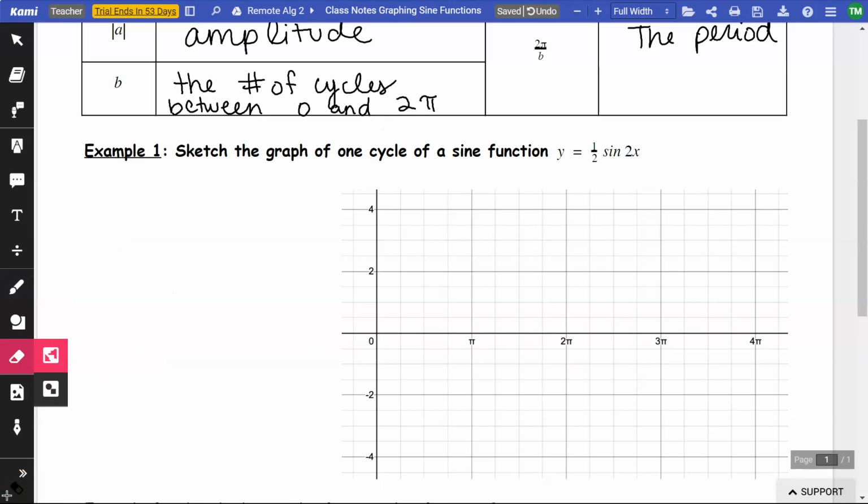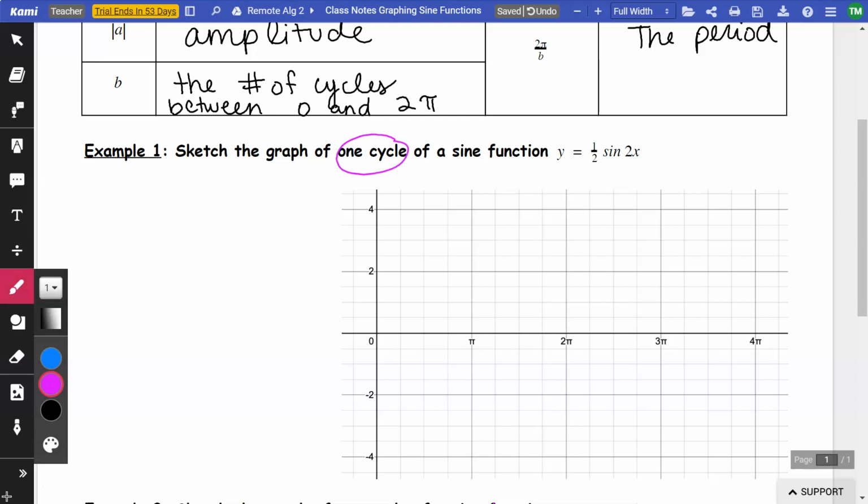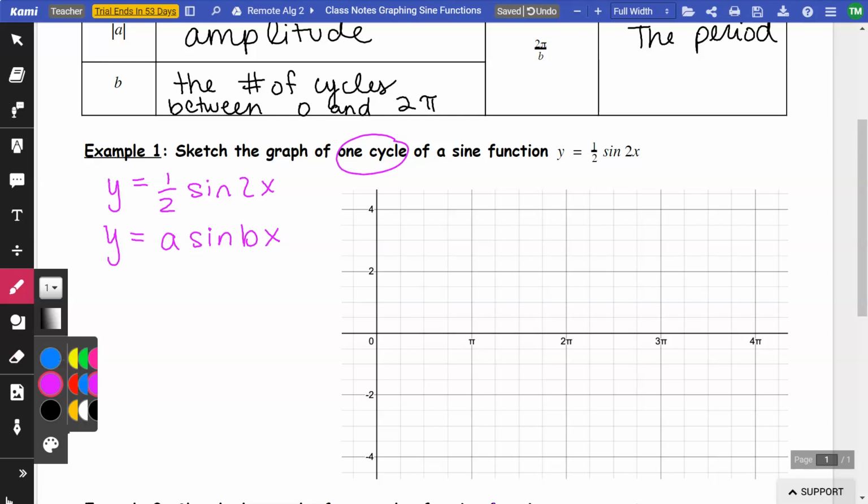So the first example is we need to graph only one cycle of the sine function y is equal to 1/2 times the sine of 2x. So remember, this equation is in the form of y is equal to a times the sine of bx. So that means that a is 1/2.